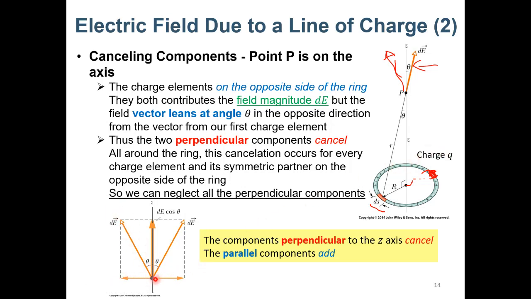The horizontal components will cancel each other, so that only the vertical components are superposed together, so that the overall E field generated by this part and this part is pointing upward.